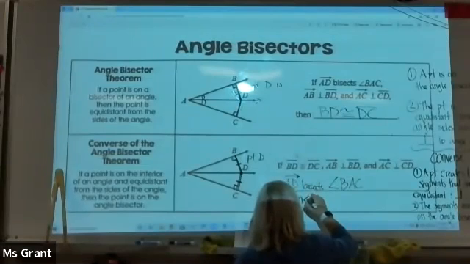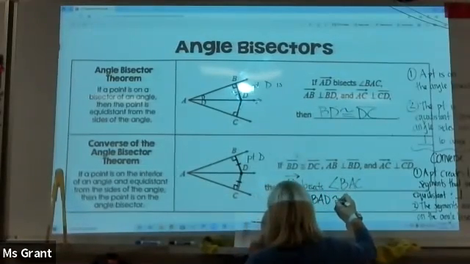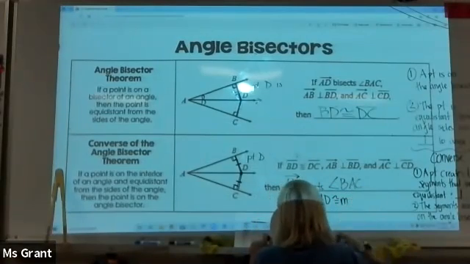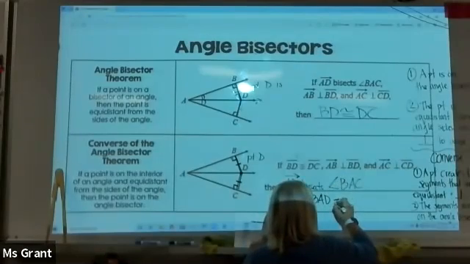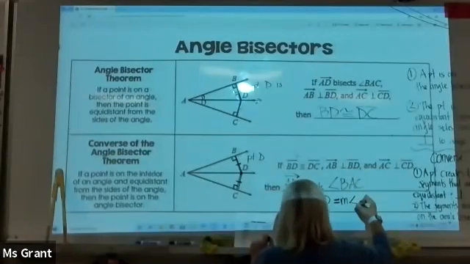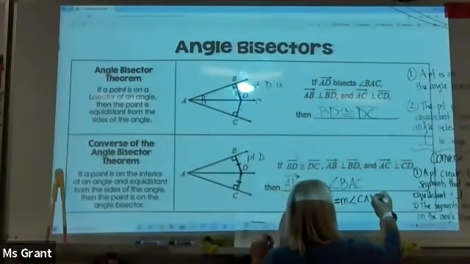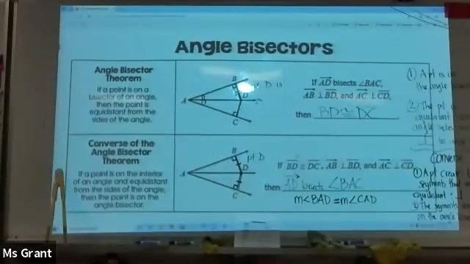The measure of angle BAD is congruent to, is equal to, the measure of angle CAD. It's the same exact size. Everything about it is the same. Two equal angles are formed.